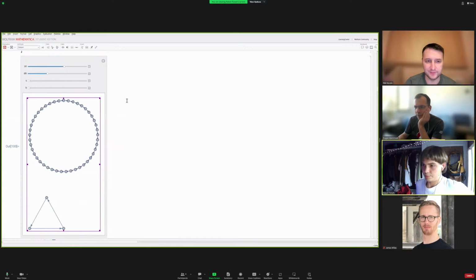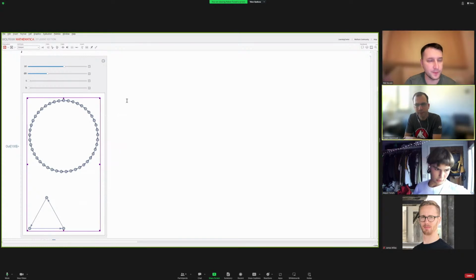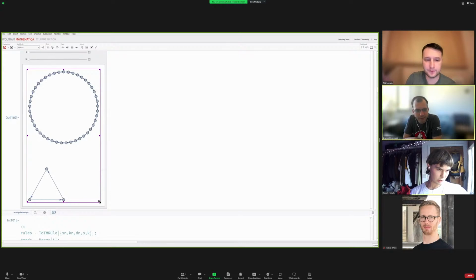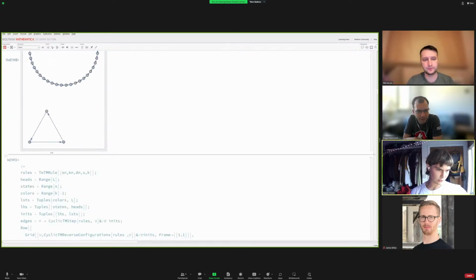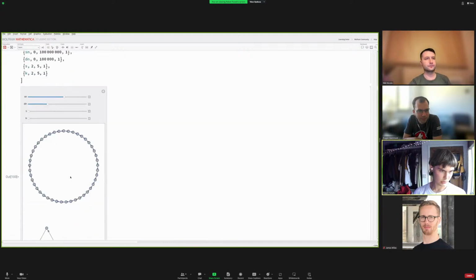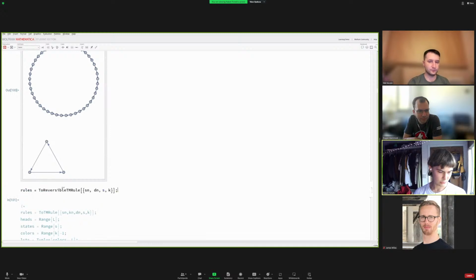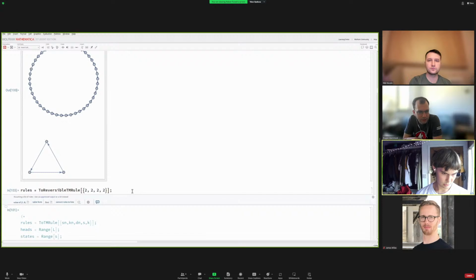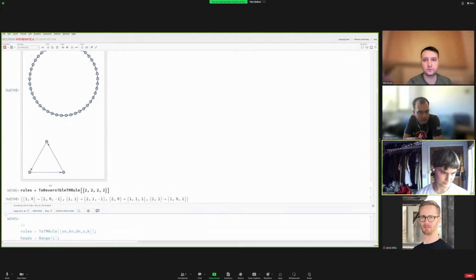Can we see some plots for these automata? For the cyclic ones? Sure, any of them. Okay, I'm just gonna grab these. We'll do a 2-state, 2-color. 2, 2, 2, 2. I'll just do that.